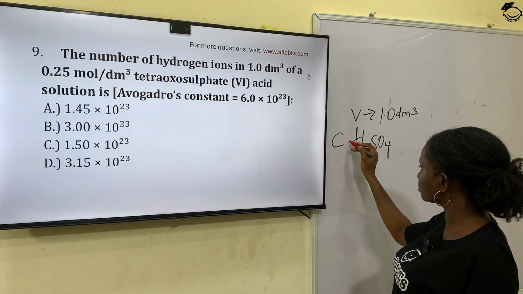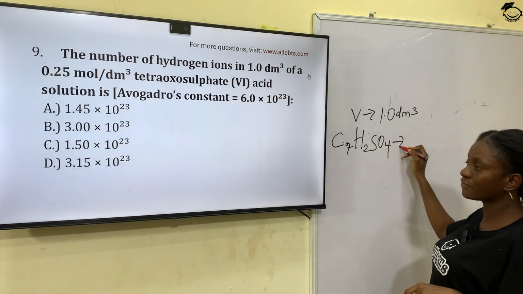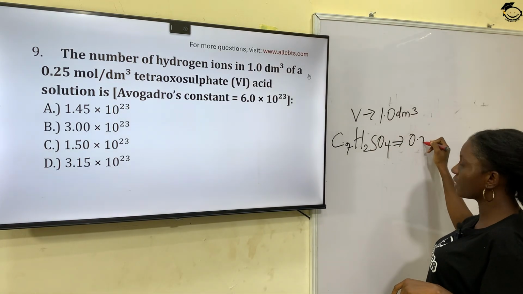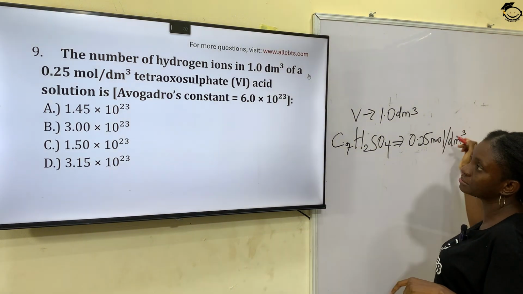The concentration of H2SO4 is equal to 0.25 mole per dm cube.